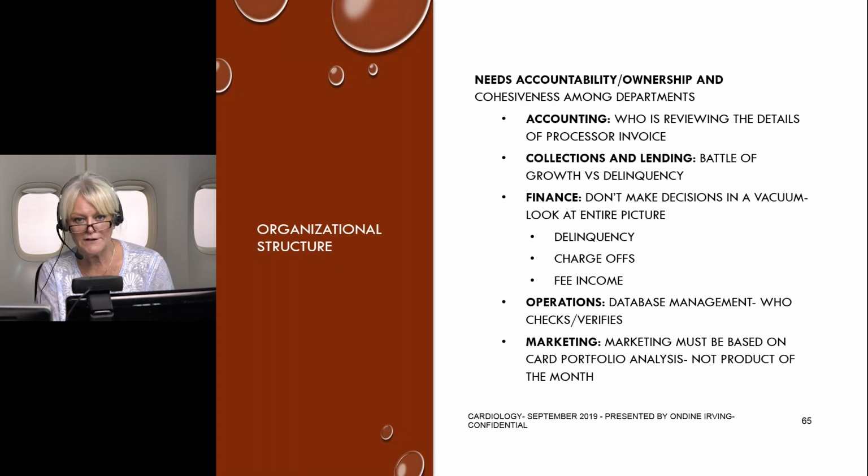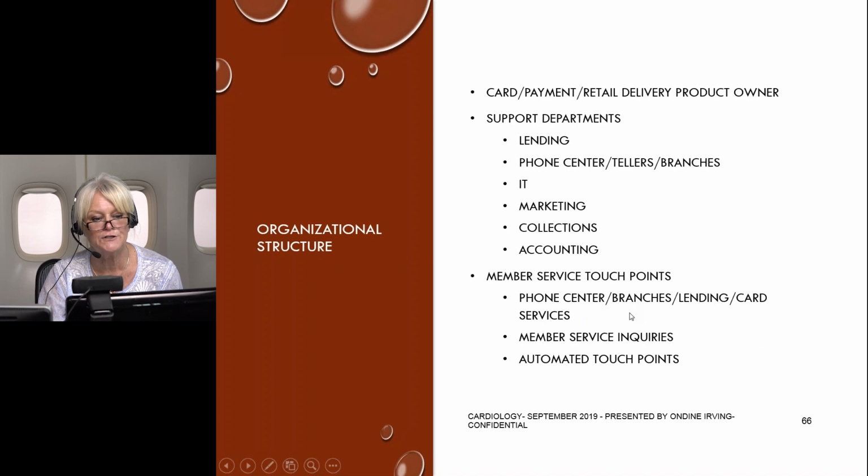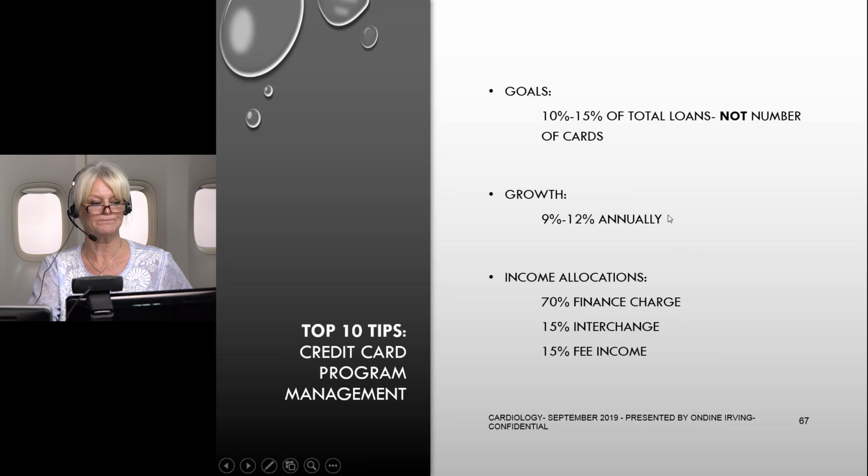They will make the final decisions. Of course, lending has to do the underwriting. But at some point it's got to stop because there's too many opinions on what works and what doesn't. I know what works. I'm now seeing, instead of a card product owner, it's going to payment to retail delivery product owner. You've got all of the supporting departments, the member touch points.